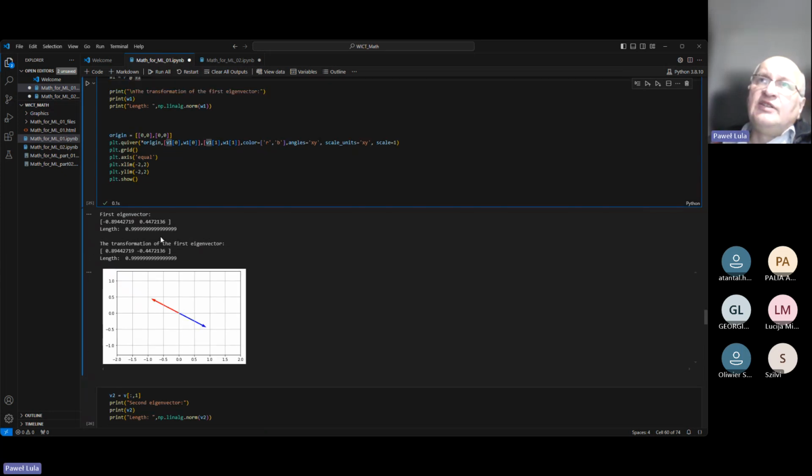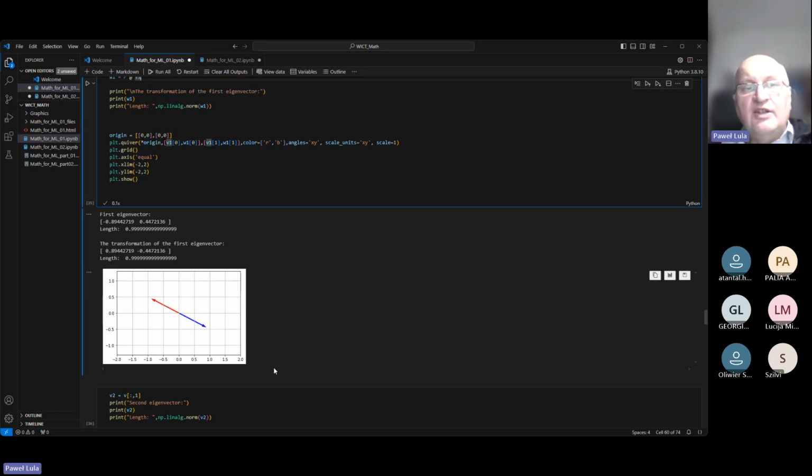I calculated the lengths of these two vectors. In the first and in the second case, it is the same. Practically, it is equal to 1. But it is very interesting that these two vectors, this eigenvector and its transformation, lie on the same line.